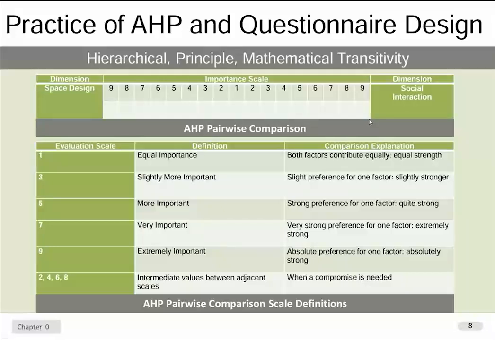If you think space design is extremely important, way more important than social interaction, you can put that into 9, all right? And if you think social interaction is probably 2 times more important than space design, then you can put them into 5.